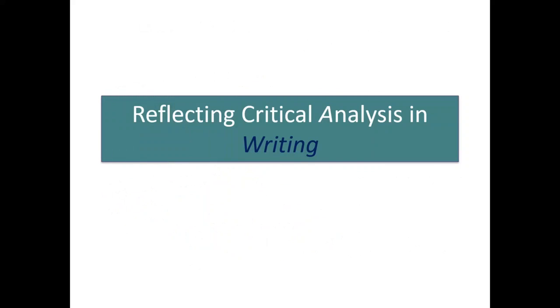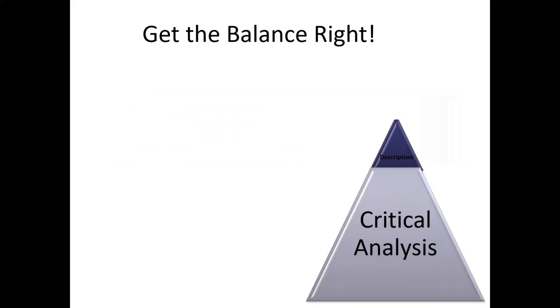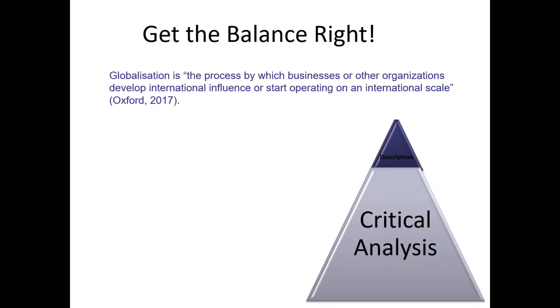Reflecting critical analysis. This is how you apply it in writing. Get the balance right. Critical analysis, for example. Globalization is the process by which businesses or other organizations develop international influence or start operating on an international scale. Oxford, 2017. Think Coca-Cola. Think Apple. Think Google. Think other multinational conglomerates, multinational economic monopolies.